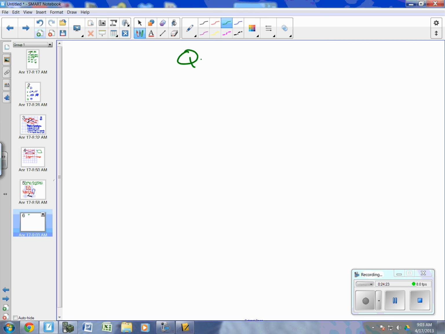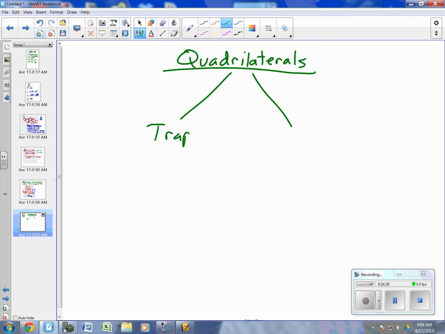We have quadrilaterals. And under quadrilaterals, we have just average quadrilaterals. But under that, there's some special kinds. There's some called trapezoids. See, that's another thing. This curriculum doesn't bring up trapezoids, and I don't know why. And there's parallelograms. Now, there's 2 special types of parallelograms.